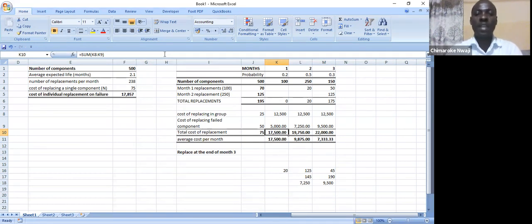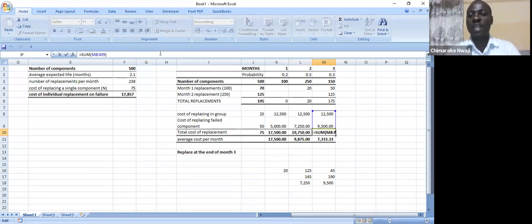So when we add 12,500 plus 5,000, we have 17,500. When we have 12,500 plus 7,250, we have 19,750. And for month 3, we add 12,500 plus 9,500, we have 22,000.